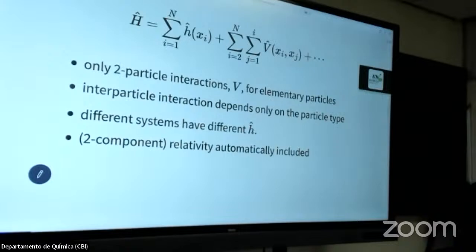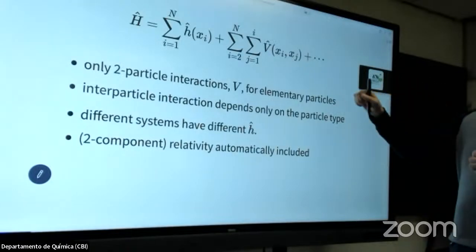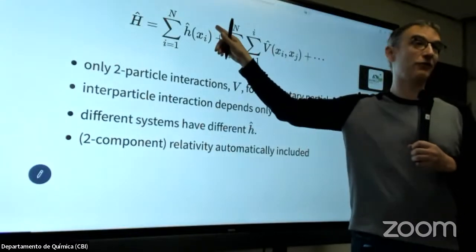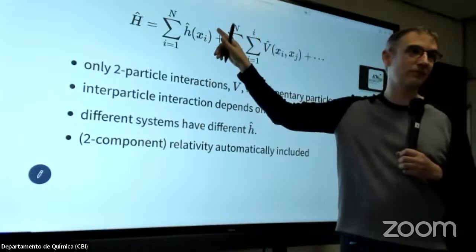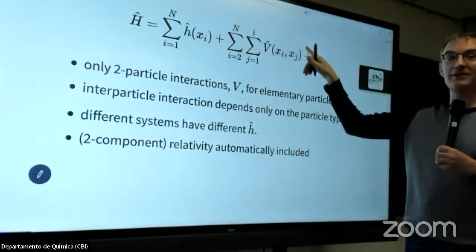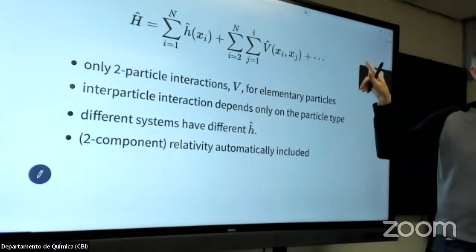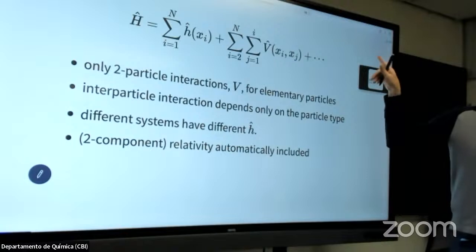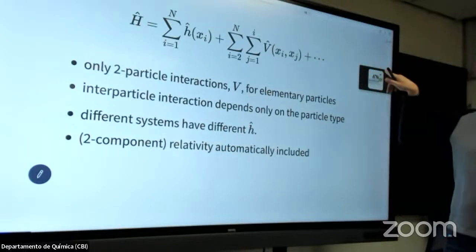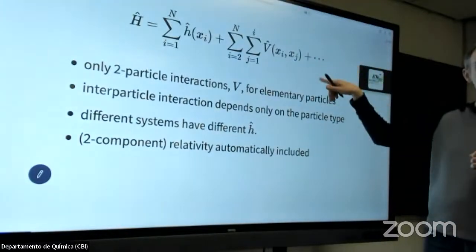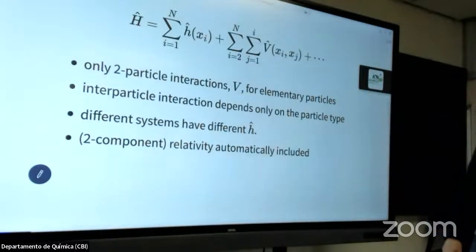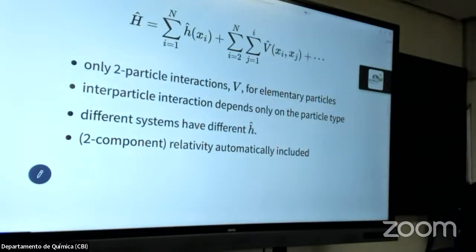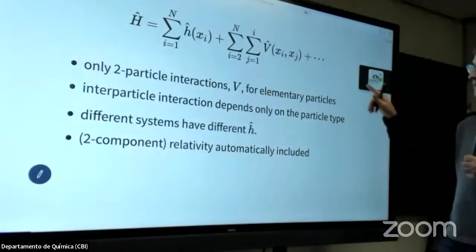So this is your Hamiltonian, right? You have a one-body piece. It has kinetic energy, electron-nuclear attraction, and can have other things in it, like an external field. There's a two-body piece. That's the interaction between the electrons, right? If you're dealing with nuclei or helium atoms or something, then there could be other terms here. But for electrons, it stops here. For any elementary particle, like electrons, there are only two-particle interactions. This is universal.